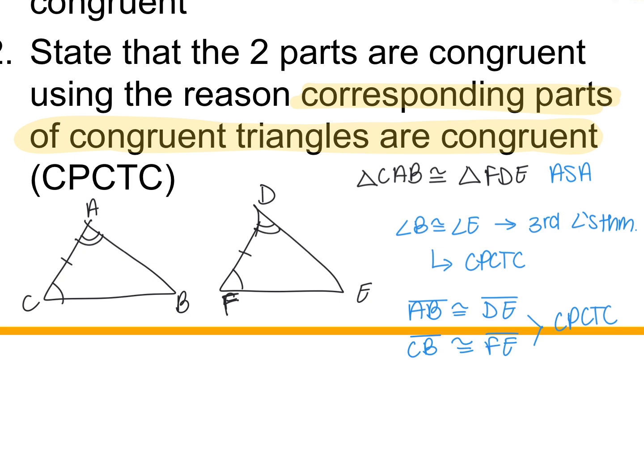Does that make sense? Does everybody understand that? Okay. If my triangles are congruent, that means all corresponding parts are going to be congruent. So that means both my sides will be congruent and my angles will be congruent. So as we're going on the proofs, you'll kind of see how that is used and why we still have to prove that triangles are congruent before I state what I have to prove.